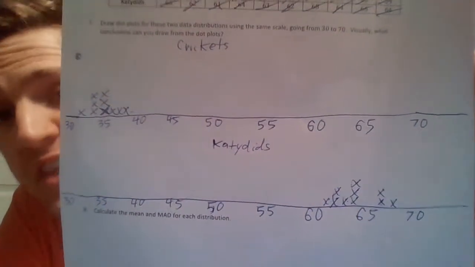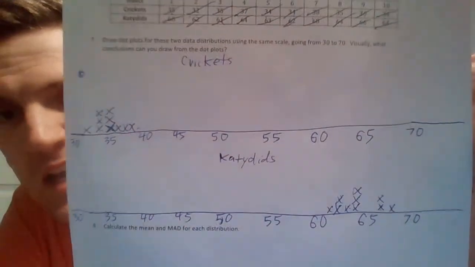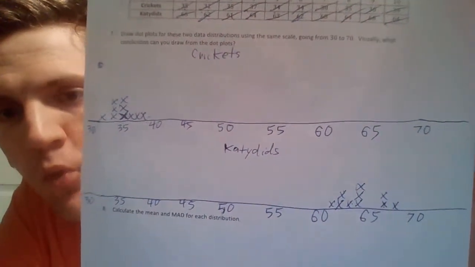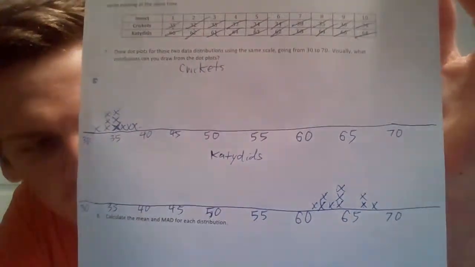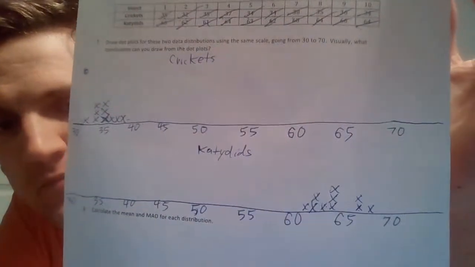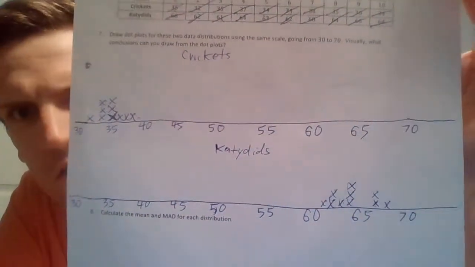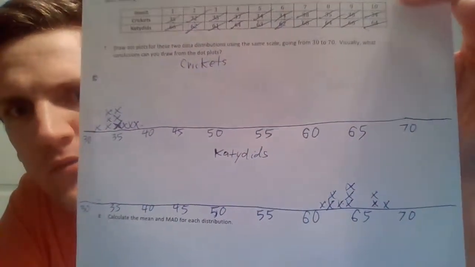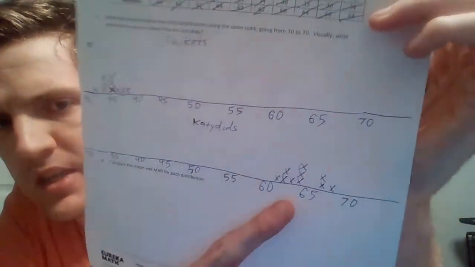But again, this is useful because it's clear now, if we use the same scale, that one of them is predominantly on one side of the data and one of them is predominantly on the other side, right? So now we can kind of compare that. If we're basing it on how often they chirp, crickets seem to do it a lot less often than the katydids do it. So that's one way to look at it.